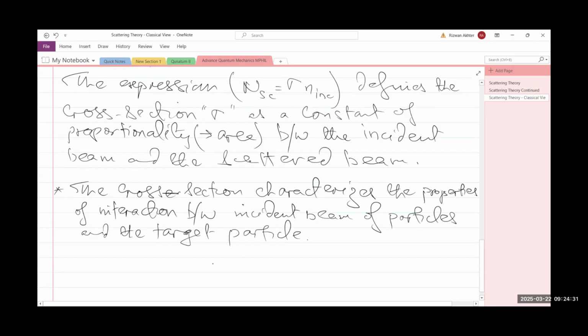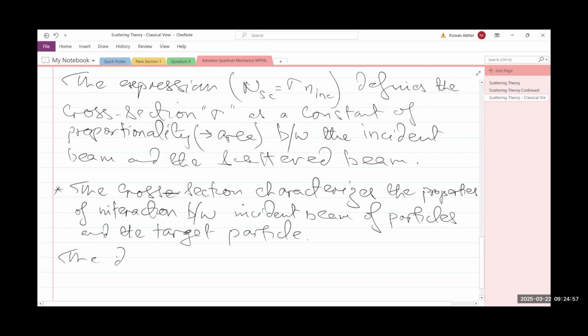And then if we would go into further detailed information about interaction, what we obtain is by counting the number of scattered particles, which are basically scattered in some solid angle d omega or delta omega. And this solid angle would have a dependency on theta and phi.